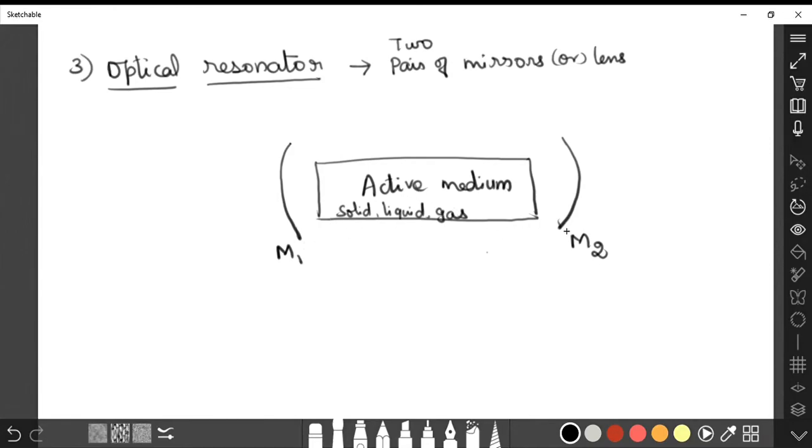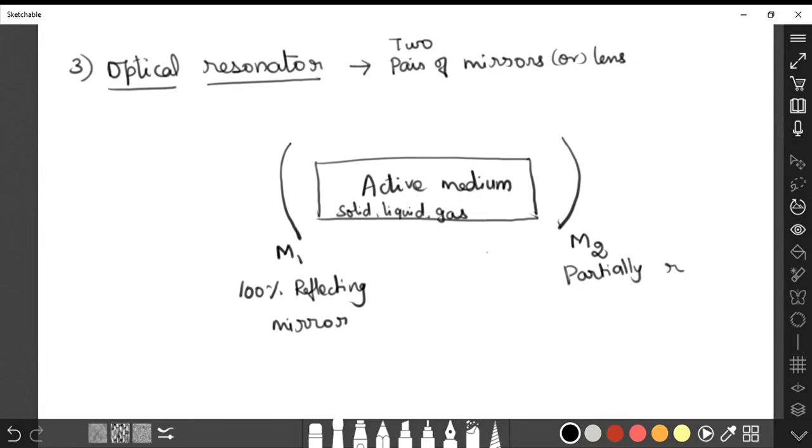And now I am going to explain the specification for the two mirrors M1 and M2. So M1 is a 100% reflecting mirror, and then M2 is a partially reflecting mirror.